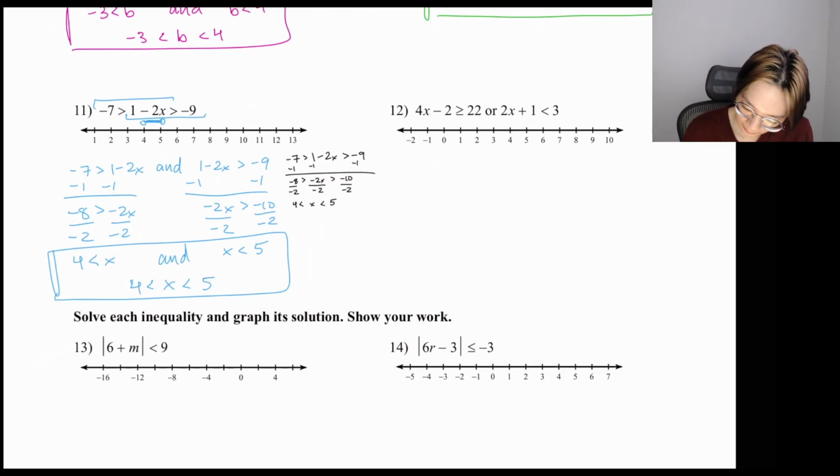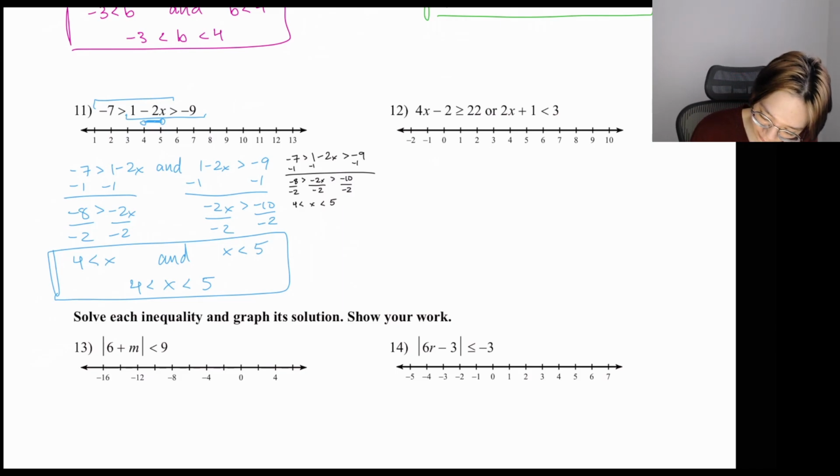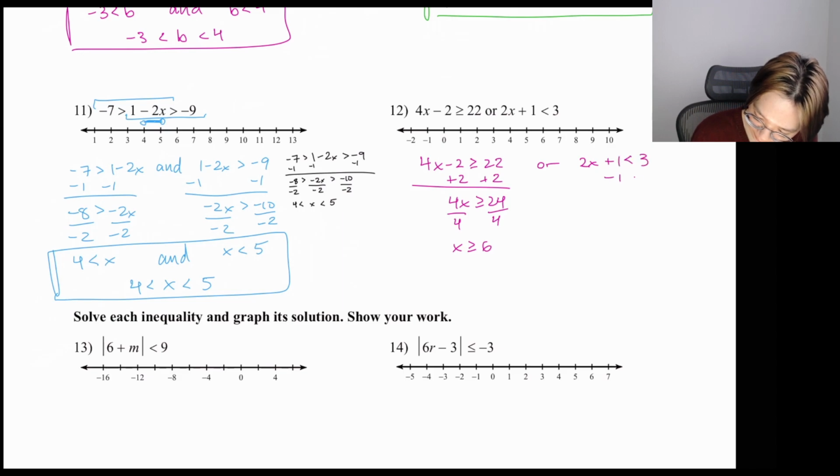So now next one. We have our or compound inequality. Solve. Add 2 to both sides. X is greater than or equal to 24, divide by 4, x is greater than or equal to 6, or the other inequality, 2x plus 1 less than 3, minus 1, 2x is less than 2, x is less than 1.